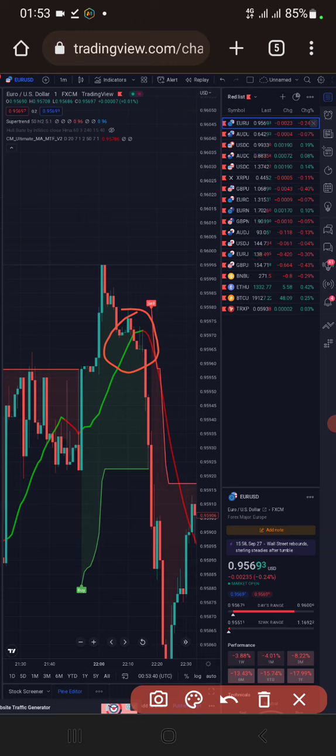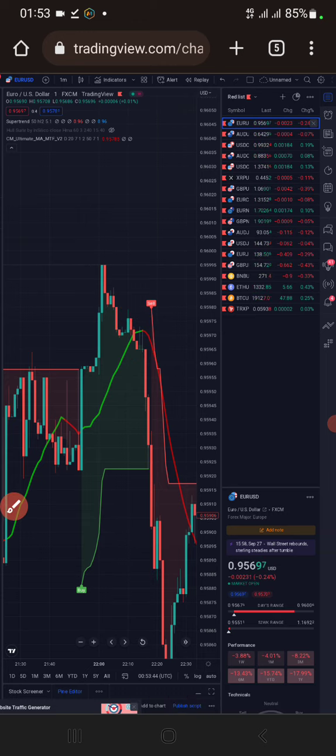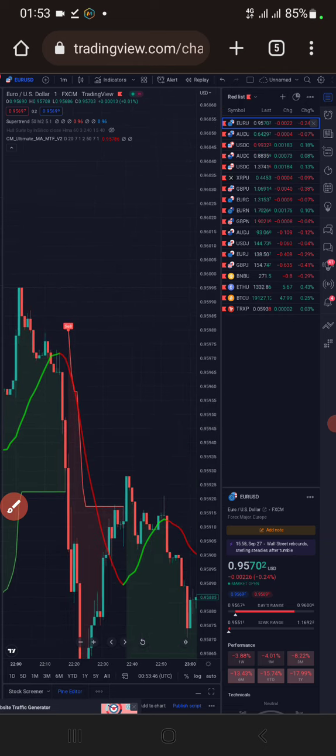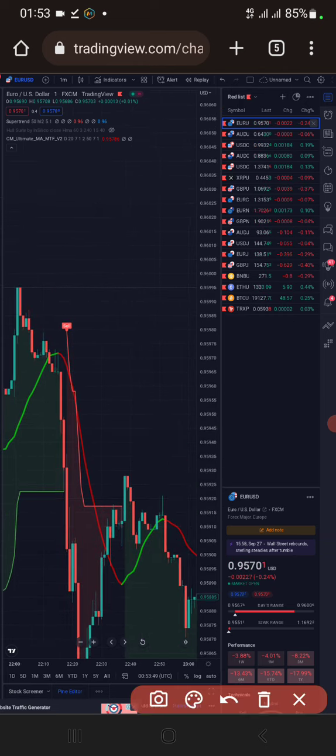That's the time to start selling. And when the price crosses above the moving average, that's the time to get out of a particular trade. So that's just how it works to get in and to get out of a particular trade.